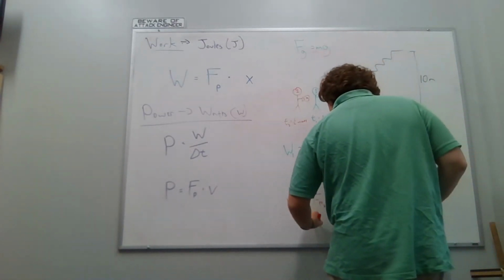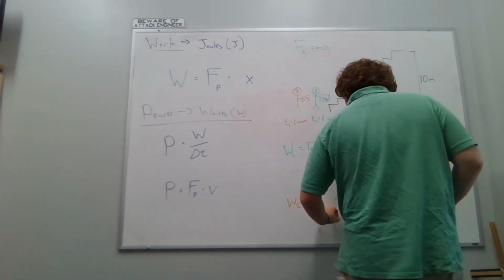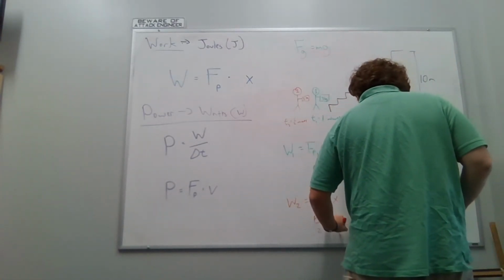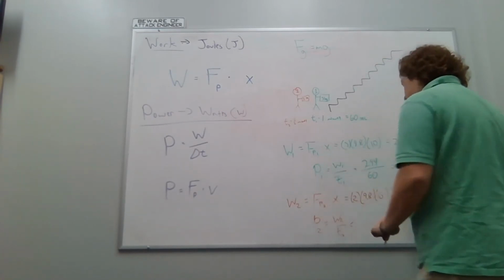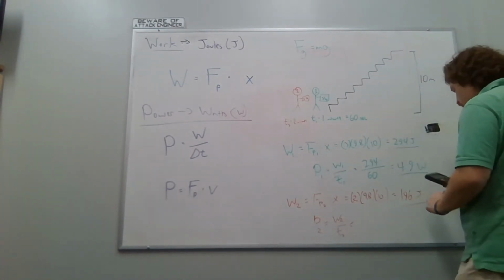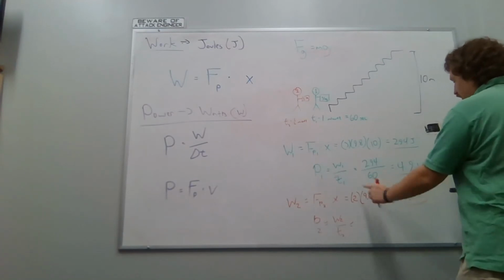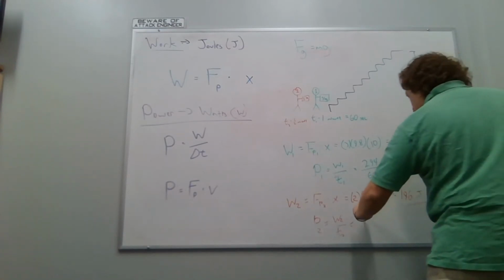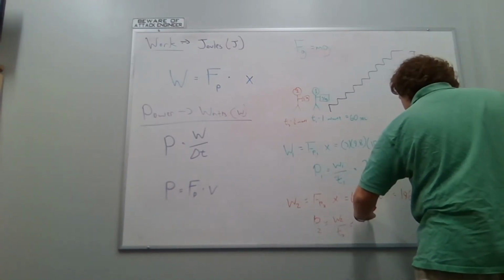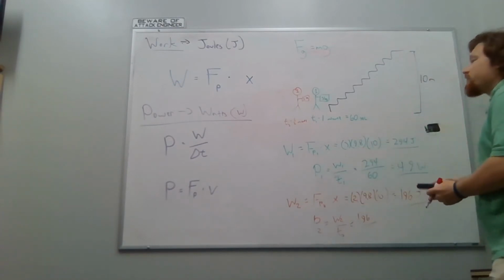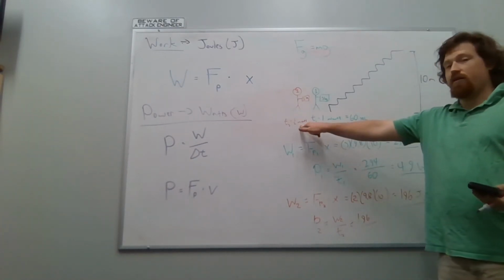So person 2, we want their power output. That's going to equal their work done over the time it took them to climb those stairs. So, person 2 did 196 joules worth of work, and it took them half a minute to climb the stairs.